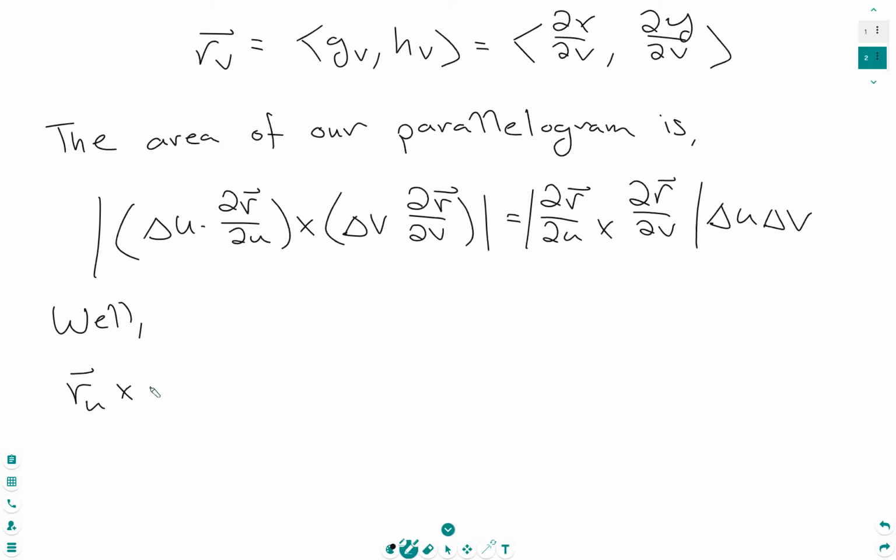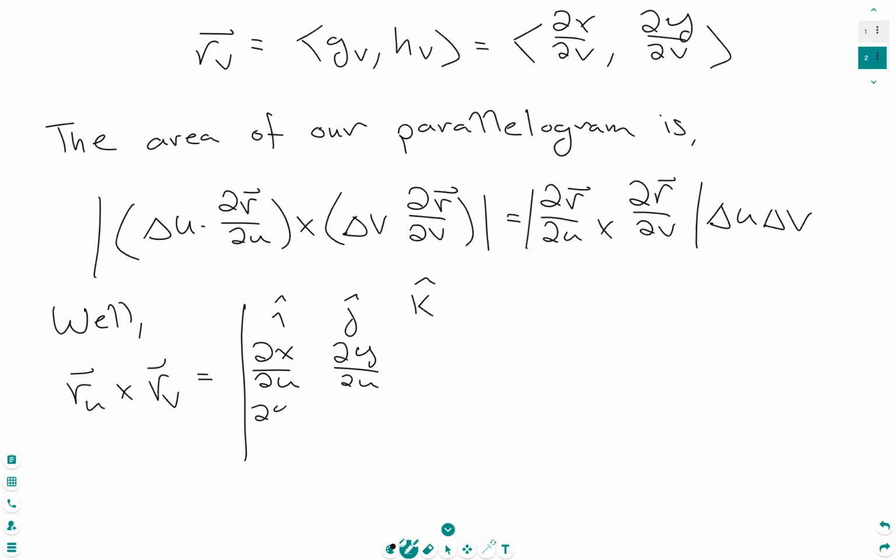I'll just use the shorthand definition here, just to save us a little bit of time. Let's actually do out this cross product. We have i, j, and k. We have partial x, partial u, partial y, partial u.